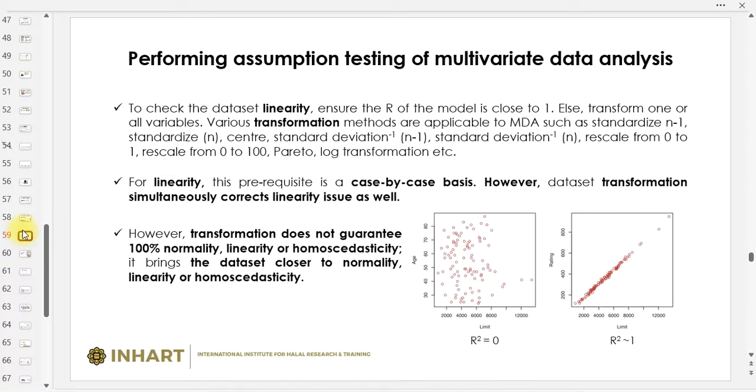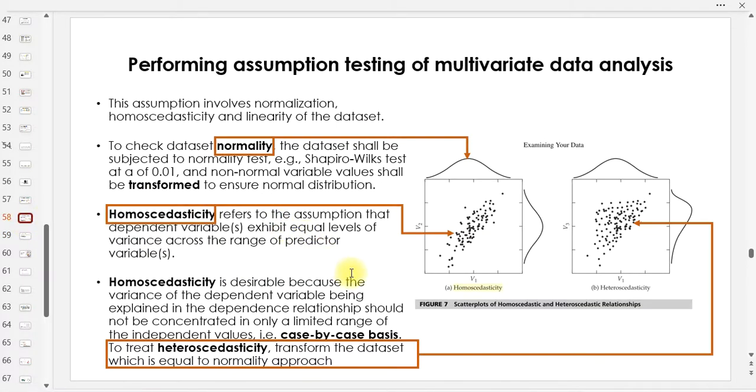They also shall have linearity in the data set itself. So if your data is not normal, not linear, or you have heteroscedasticity data, the only step that you need to do is the transformation of your data lah. There are lots of transformations.